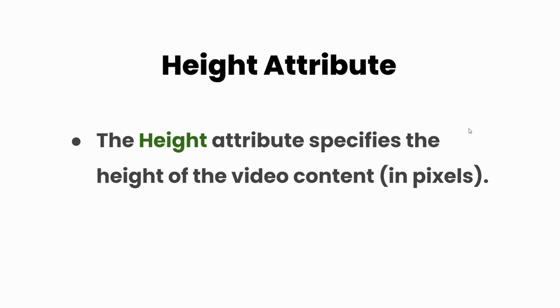Now the height attribute has a unit, which is in pixels. Many of us might not really know this, but when we get to the styling, that's CSS, we'll talk more about units of display. The pixel here is a unit of display for the height attribute. So let's move on.